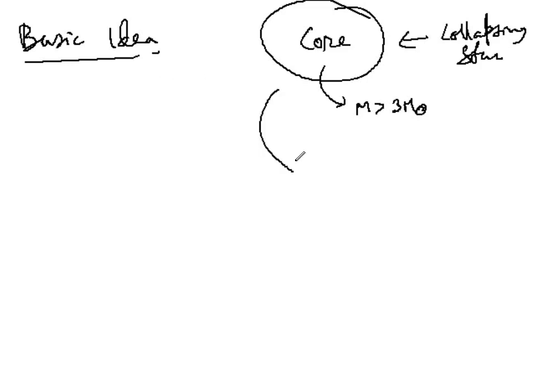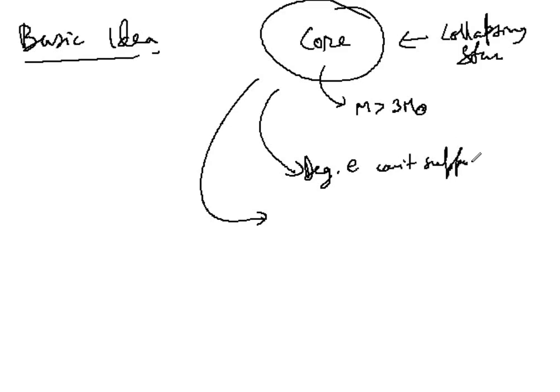So this means that degenerate electrons can't support the pressure, and also degenerate neutrons can't support the pressure. So this object has no other option but to keep on contracting.